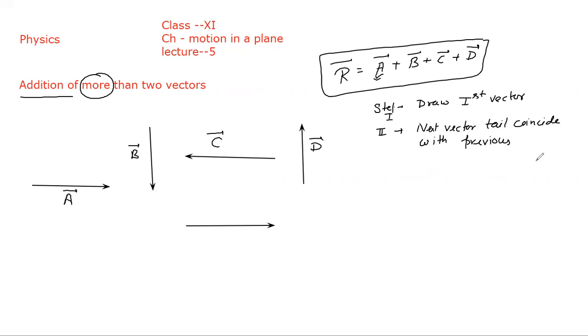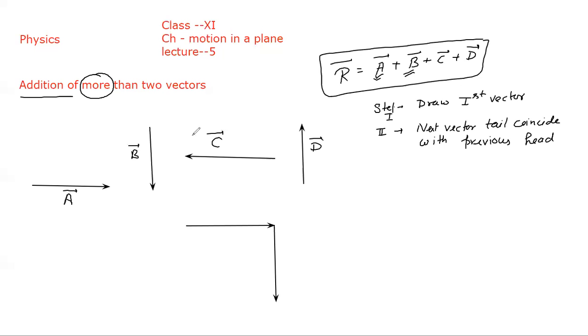Listen to my words carefully, previous head. If we draw vector B, then vector B's tail coincides with vector A's head. So vector B's tail is this and vector B's head is this. So we coincide vector B's tail with vector A's head. Okay, so this diagram is clear.